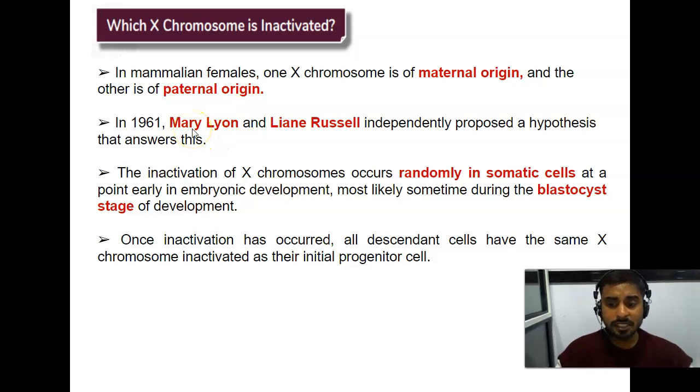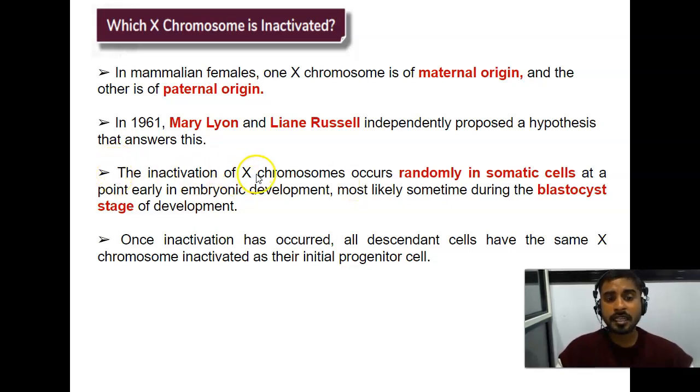This confusion was cleared by Mary Lyon and Liane Russell, who independently proposed a hypothesis that, irrespective of whether they come from the male or the female partner, any of the X chromosomes gets inactivated. The inactivation of X chromosomes occurs randomly in the somatic cell, irrespective of whether they come from the paternal or the maternal origin. It is not needed; it can be inactivated from any of these.